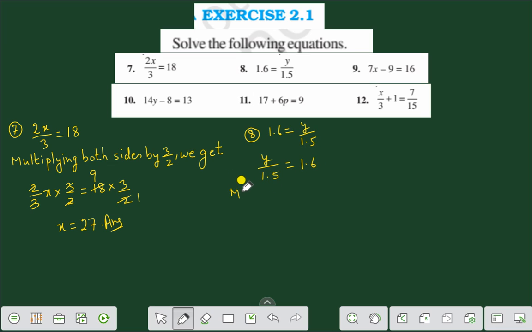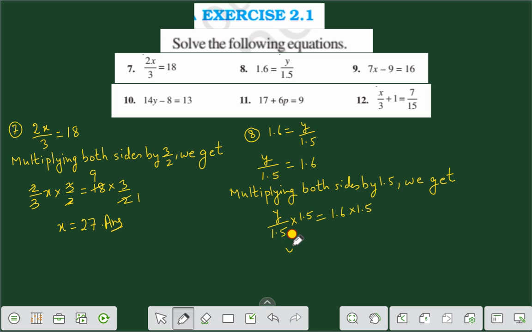Multiplying both sides by 1.5, we get y by 1.5 into 1.5 is equal to 1.6 into 1.5.